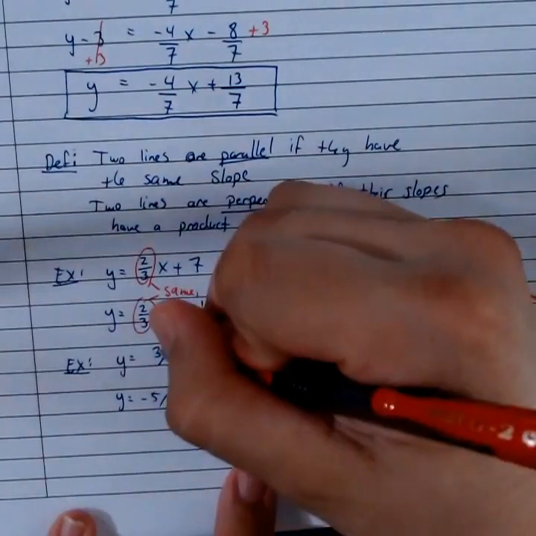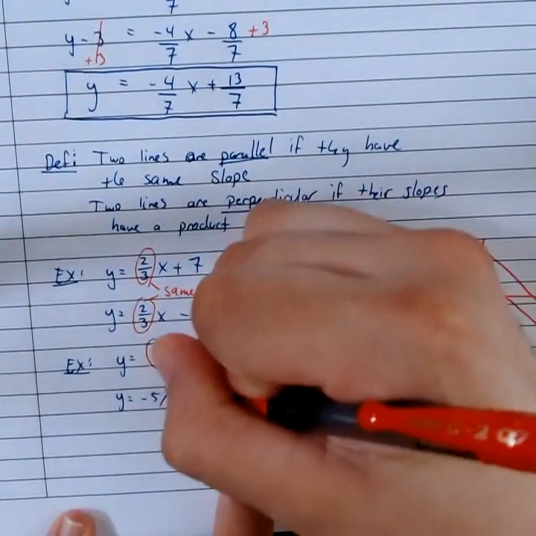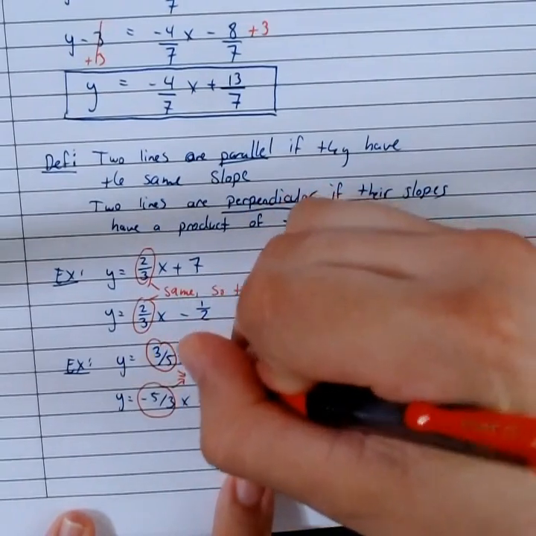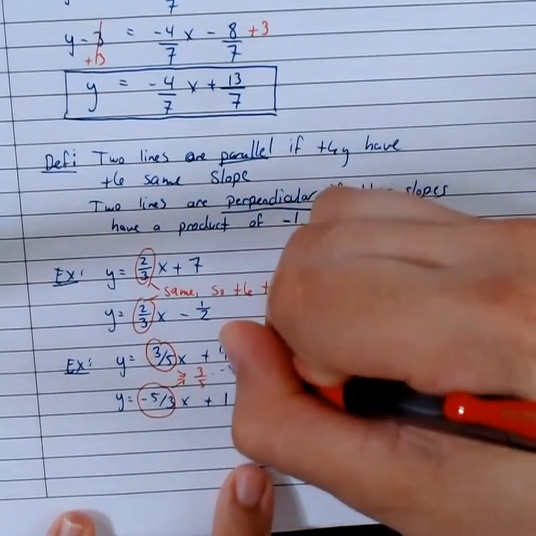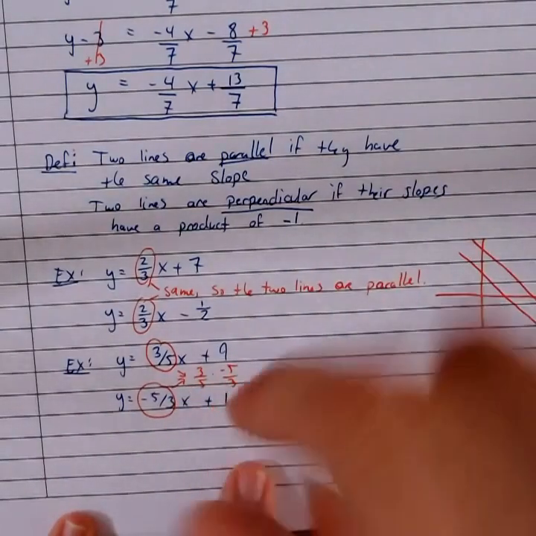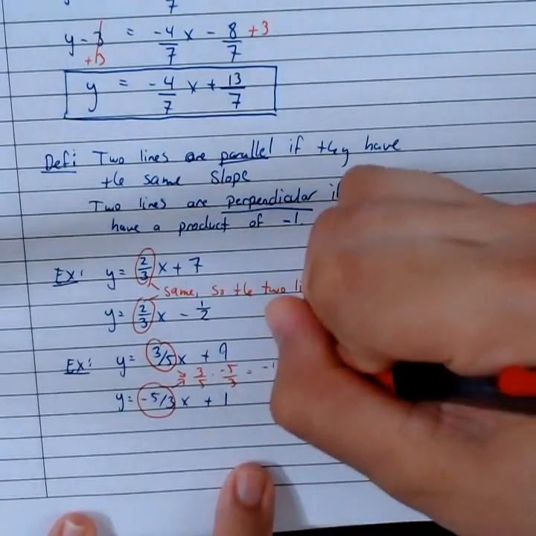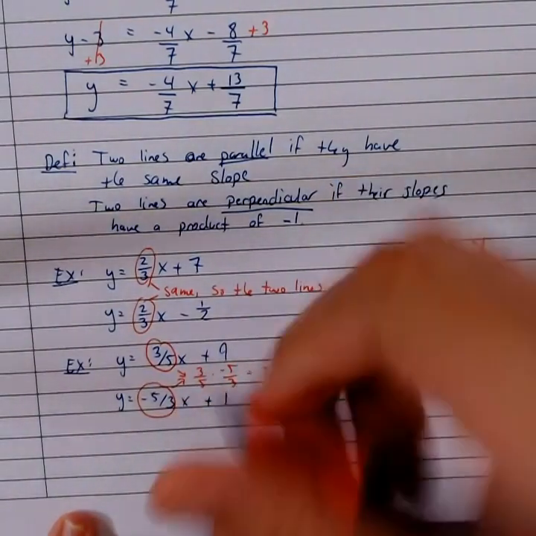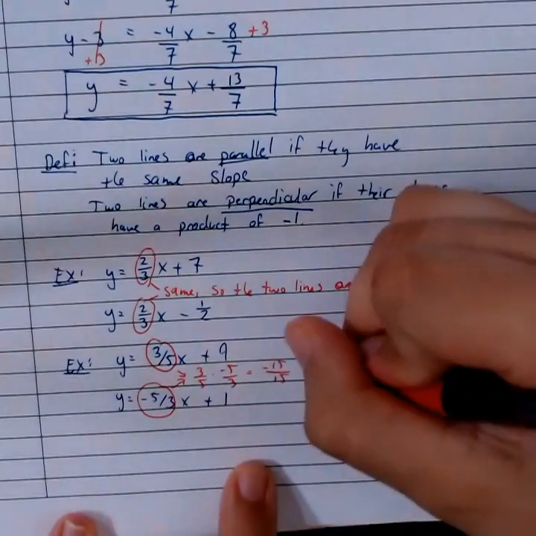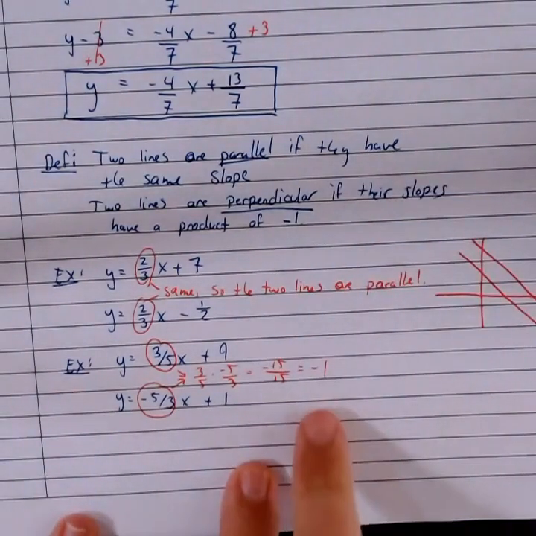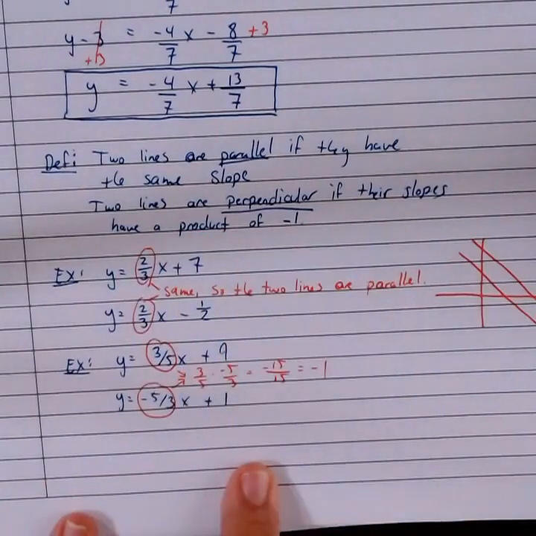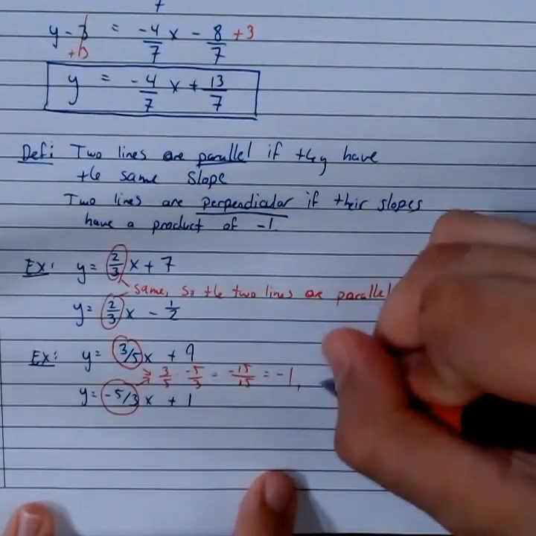But notice that if I take these two numbers and multiply them together, 3 over 5 times negative 5 over 3, the numerator is negative 15 and the denominator is 5 times 3, positive 15. And negative 15 over 15 is negative 1. So their slopes have a product of -1, so the lines are perpendicular.